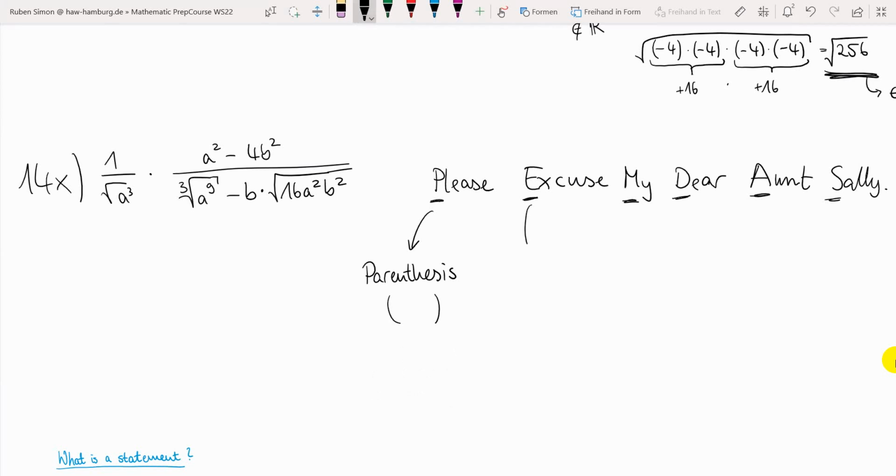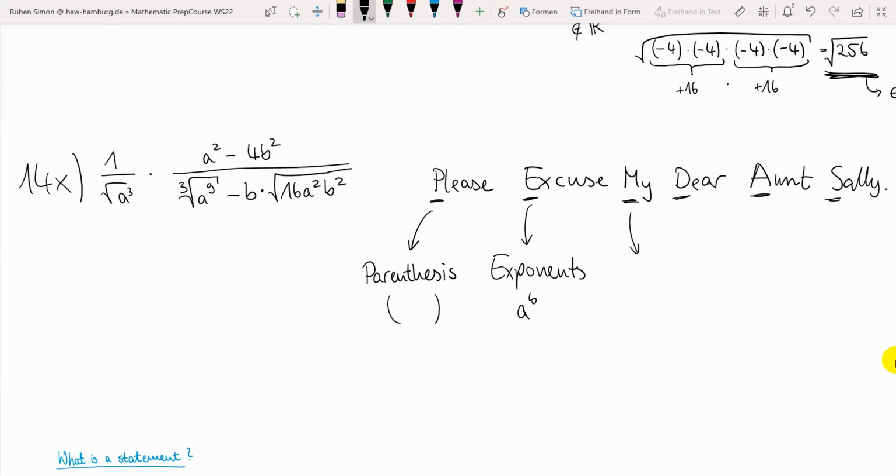Okay, the E then stands for exponents or exponentiations. So if there is some a to the power of b, this is always going to be dealt with first.